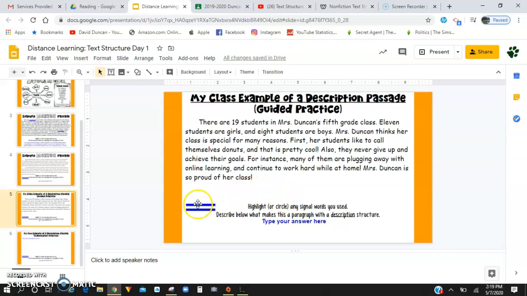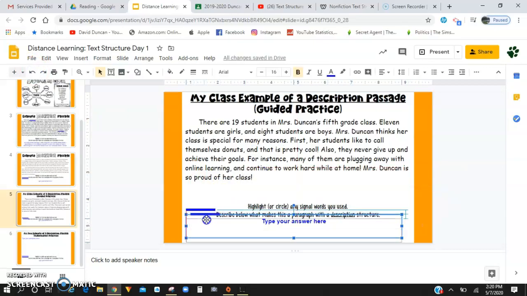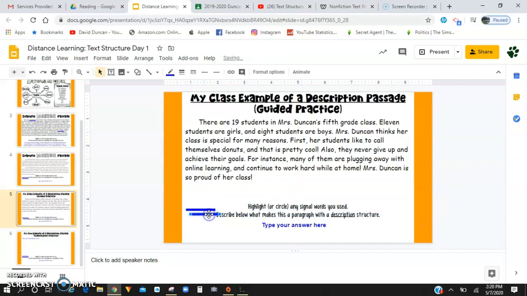Well, 2 signal words that I used in this writing, I use for instance. Okay, I'm going to underline that right there. Another signal word that I use is for many reasons. Okay, I'm explaining many different, oops, that should not have happened. Let's see. Again, I'm trying to figure this out as we go. Oops, I don't want that either. It's technology.